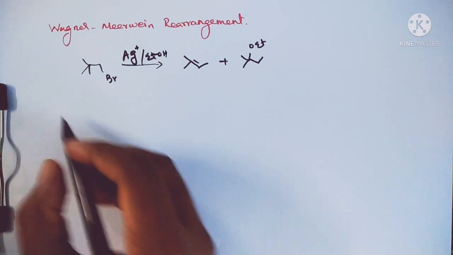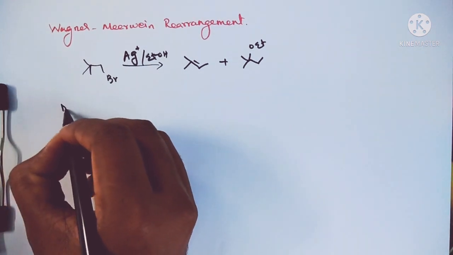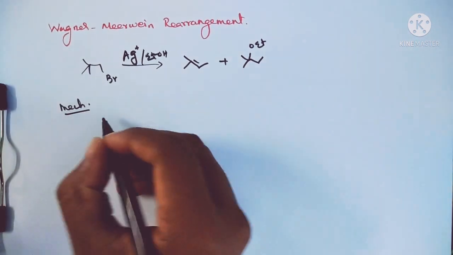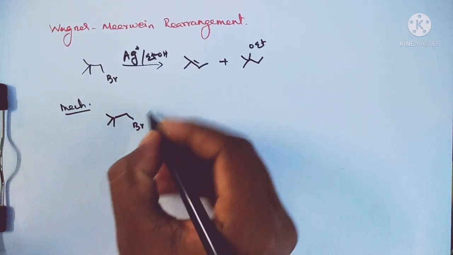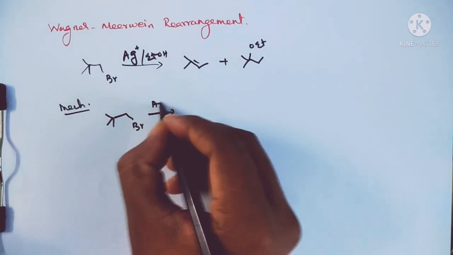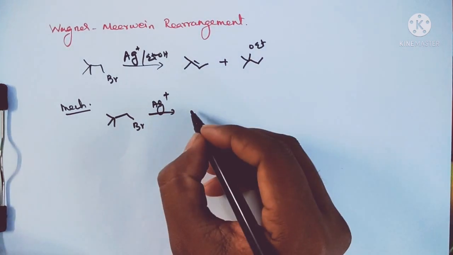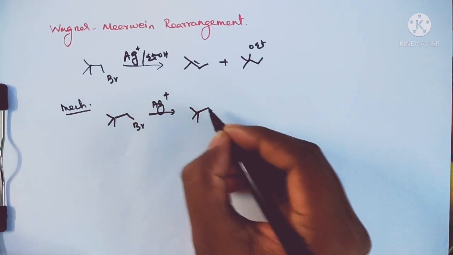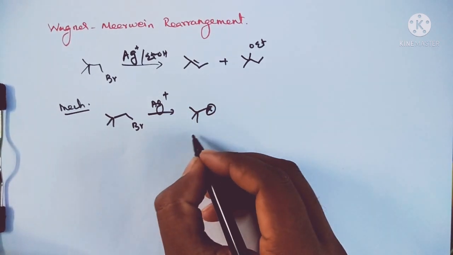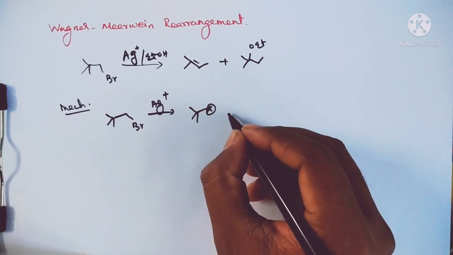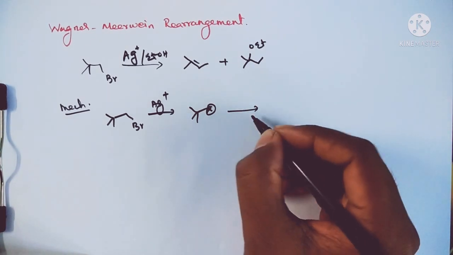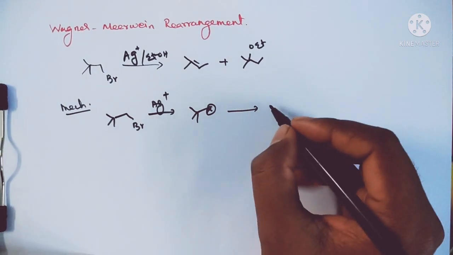So let's have a look at the mechanism. In the presence of acid, the primary carbocation is formed. The primary carbocation is less stable compared to the tertiary carbocation.